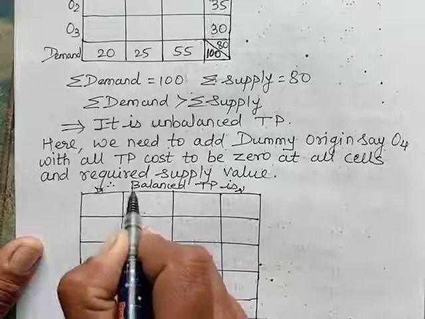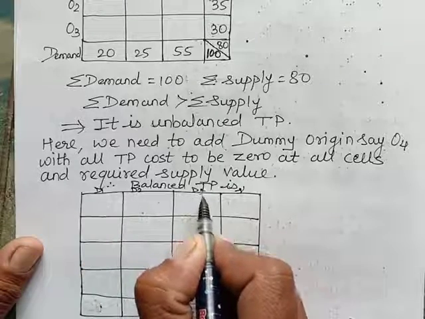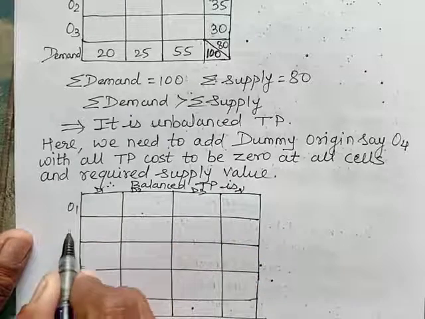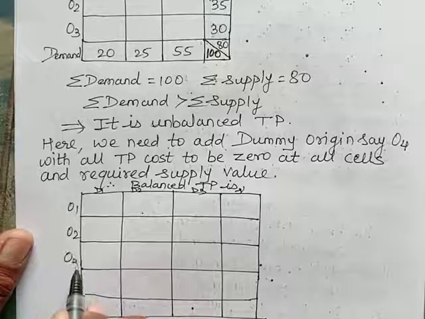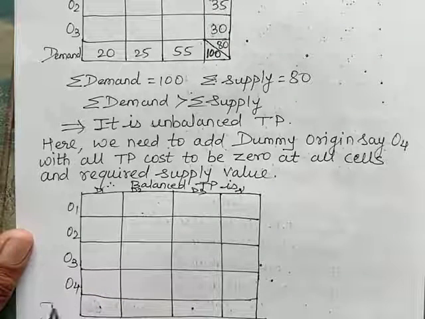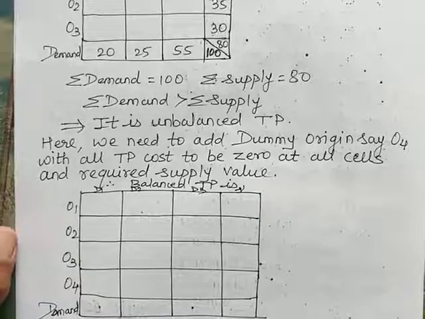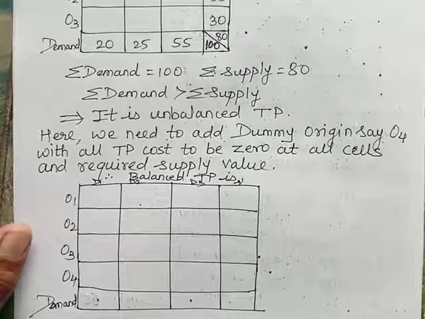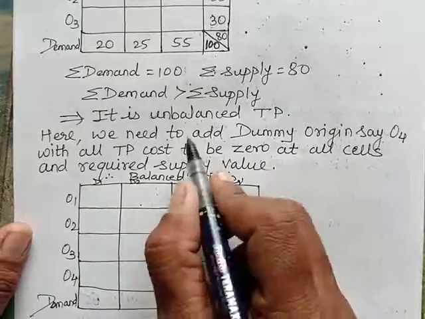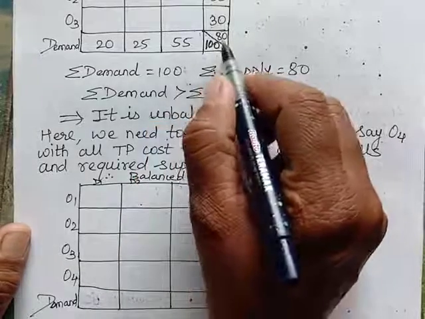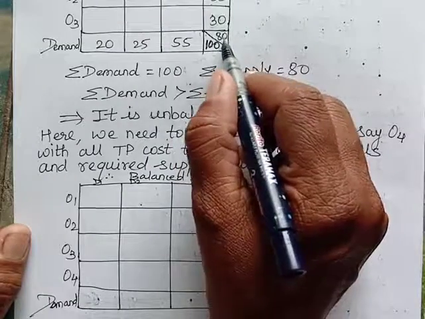Here D1, D2, D3, same destinations, origins O1, O2, O3 and O4, and here demand. Now dummy origin we need. How much supply is required? It will be 80 and 100, so 20 is required here.